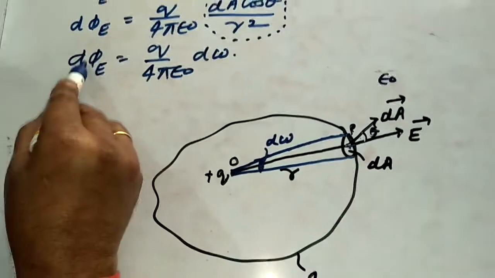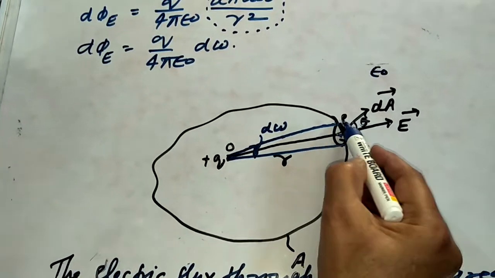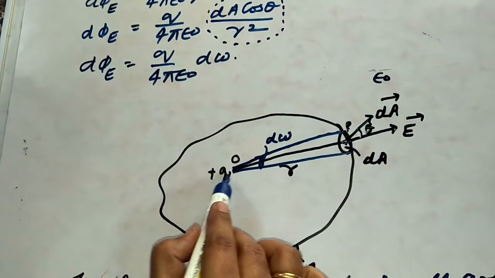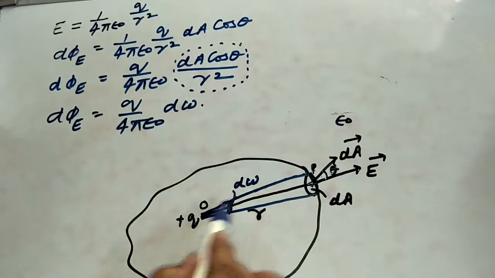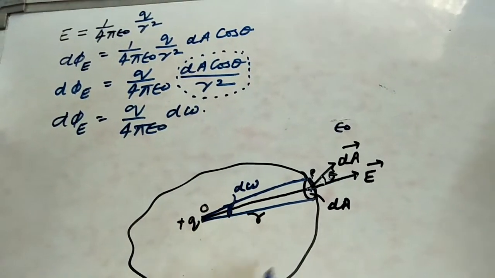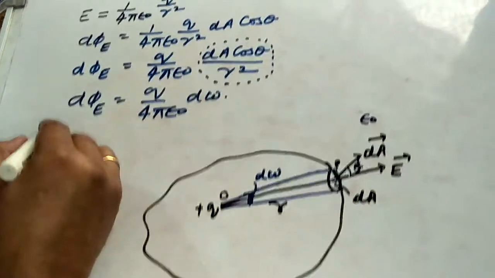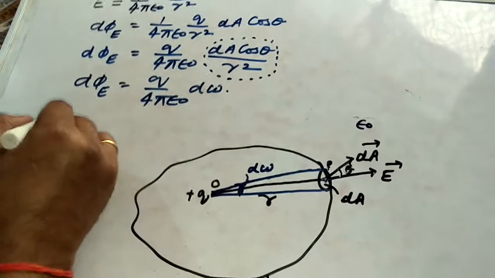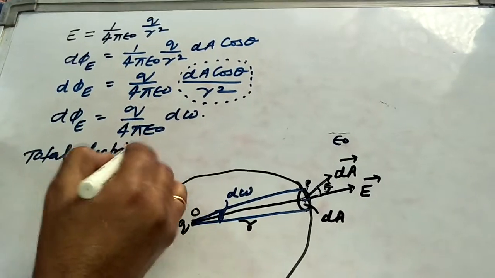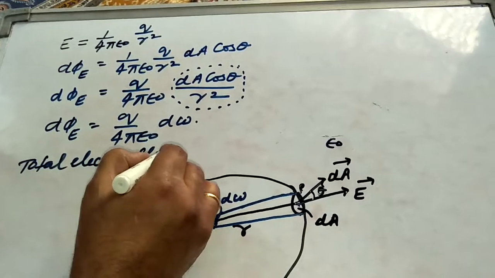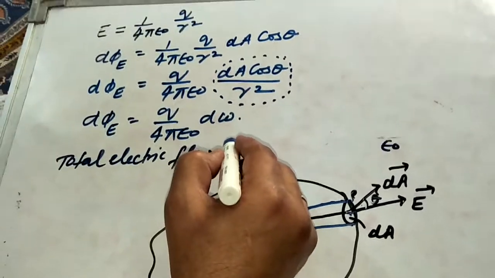So this one is the electric flux through the small area element which is taken on the surface due to this charge plus q. Then our aim is to find the electric flux passing through the entire area. For this purpose, what will you do? You will integrate.